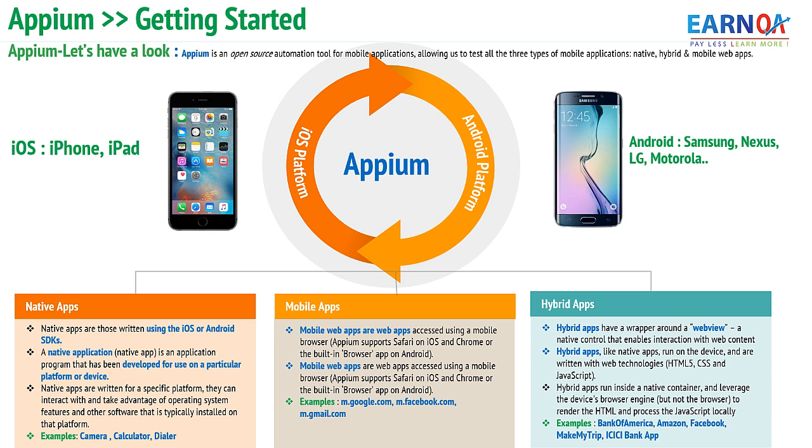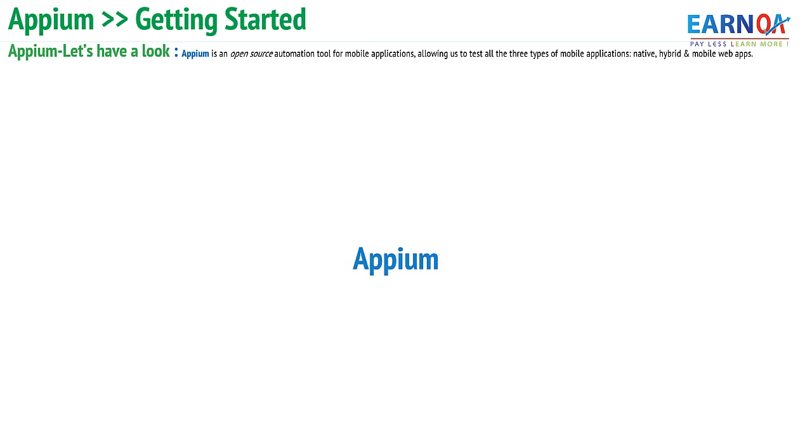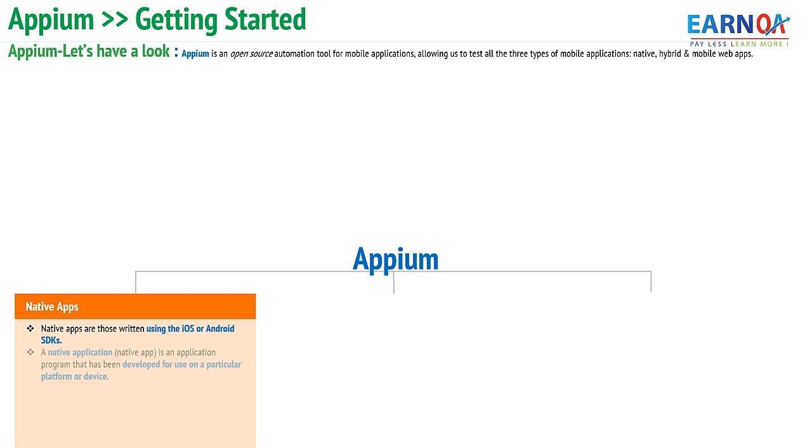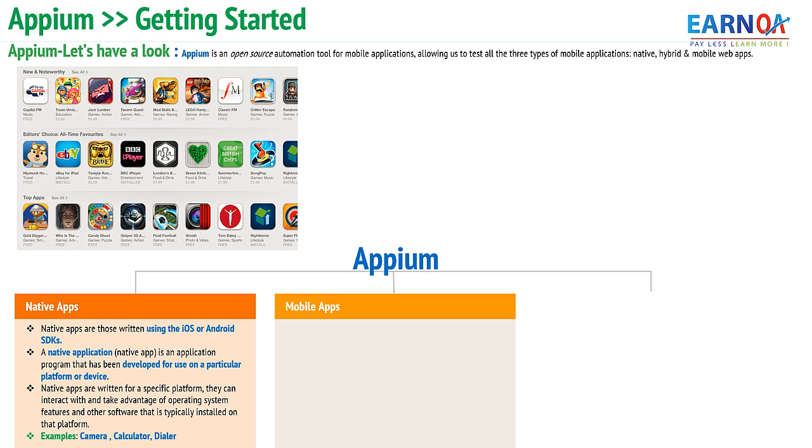So many things. Let's see the examples in detail now. If you look at the three applications, the native applications are mostly all the games. As we install the games, they simply work whether we have internet or not. All the contacts, pictures, camera, dial pad, and all the internal games are specific to the native application category.